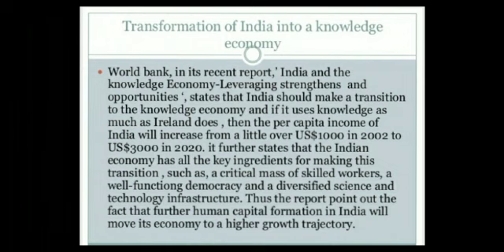It further states that the Indian economy has all the key ingredients for making this transition, such as a critical mass of skilled workers, a well-functioning democracy, and a diversified science and technology infrastructure. Thus, the report points out that further human capital formation in India will move its economy to a higher growth trajectory.